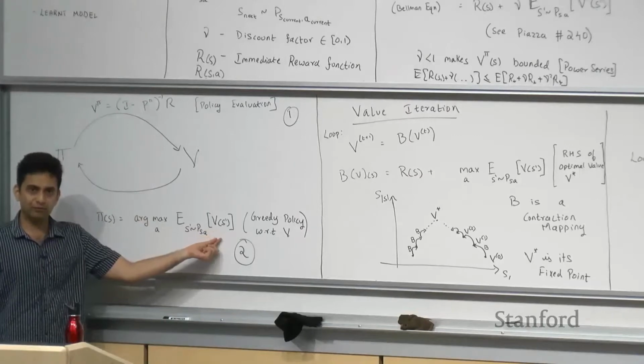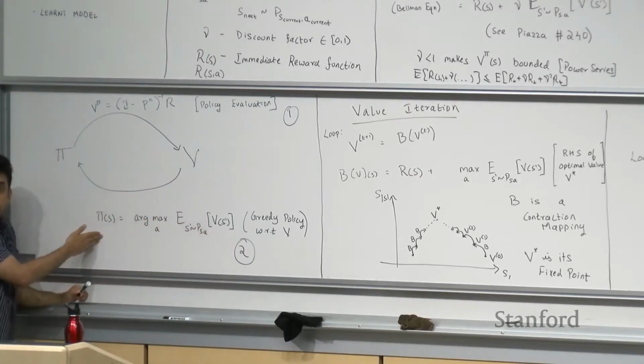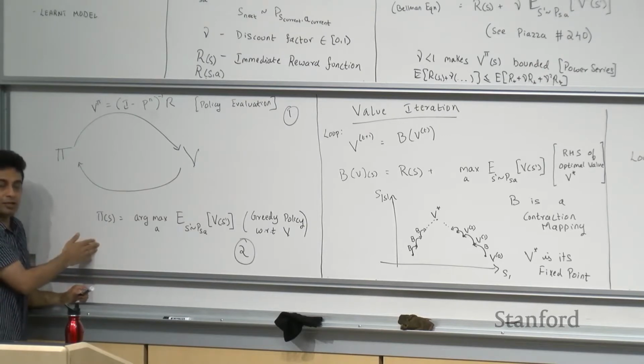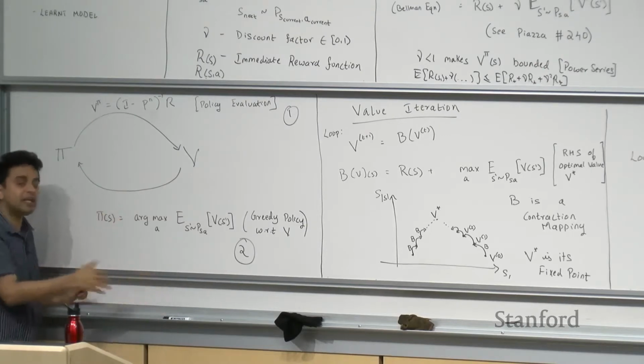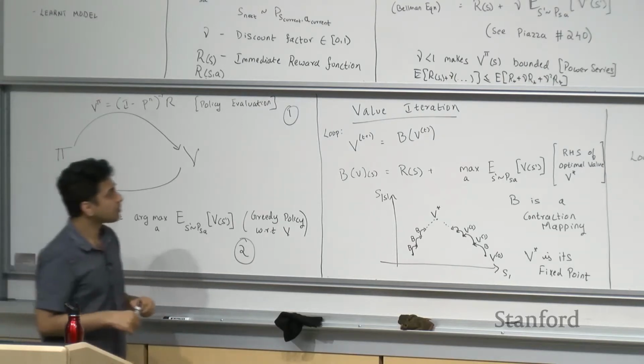It may be a different value function. A value function induces a policy, but if we follow this policy, we need not get the same value function. And that's something that we're going to see in policy iteration.